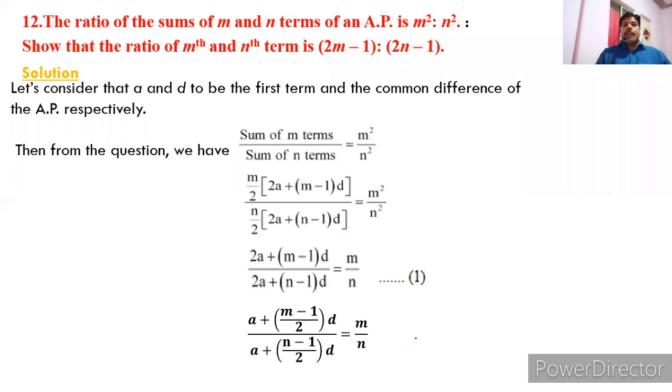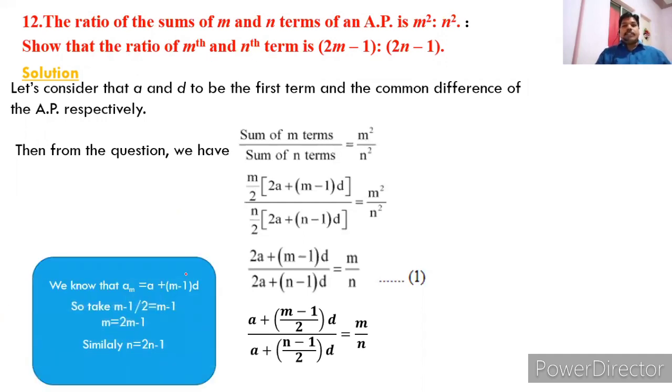See students, in the question what they are asking, we have to find the mth and nth terms. So first you have to see what the mth term in the arithmetic progression is. The mth term is a plus m minus 1 into d. So in the question they are asking the ratio of the mth term and nth term. So what is the meaning of the mth term? The mth term is a plus m minus 1 into d. Yes or no? But you can observe that in the numerator the term is like this.